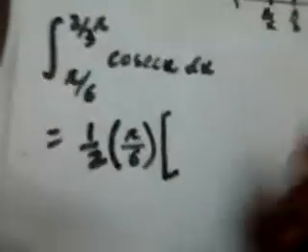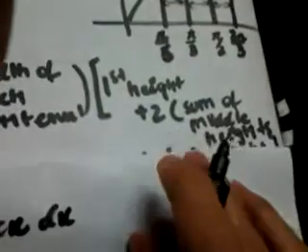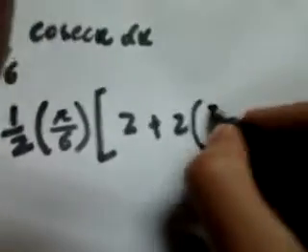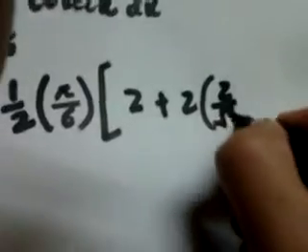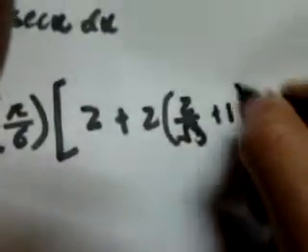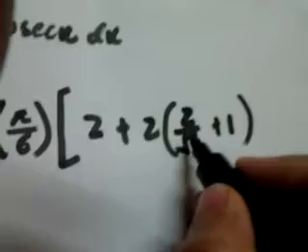The first height is 2, plus 2 times the sum of middle heights, that is this plus this. So that is 2 by root 3 plus 1. First height plus 2 times the sum of middle heights plus the last height, that is also 2 by root 3.